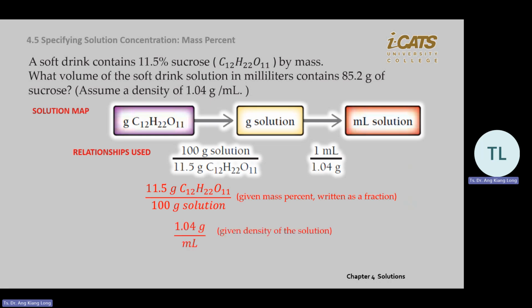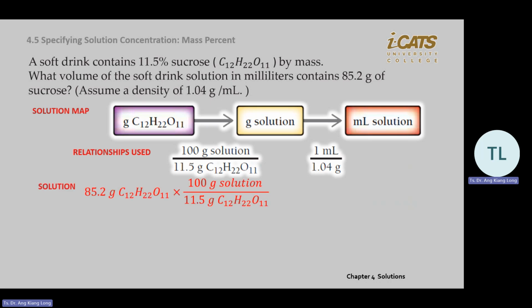Density is 1.04 gram divided by ml. So this is given. So what you do is you take 85.2 gram, multiply by 100 gram, divide by 11.5 gram, because you want to convert into solution.